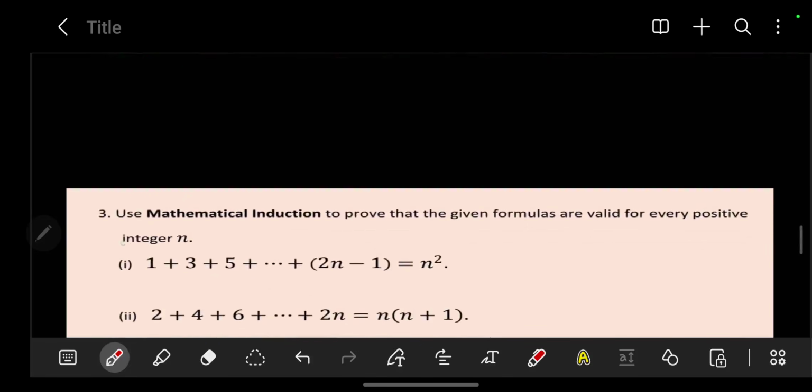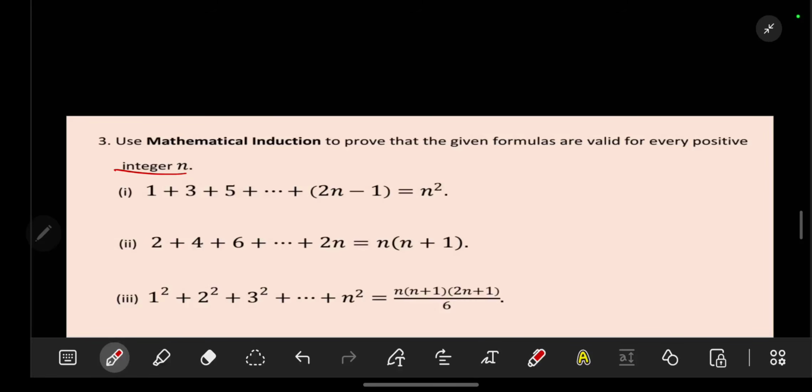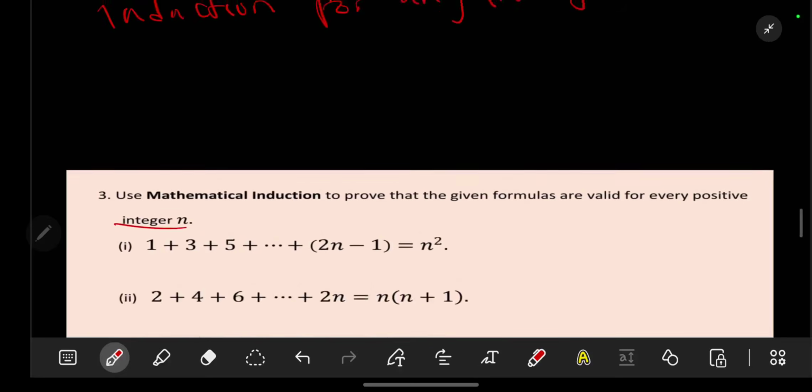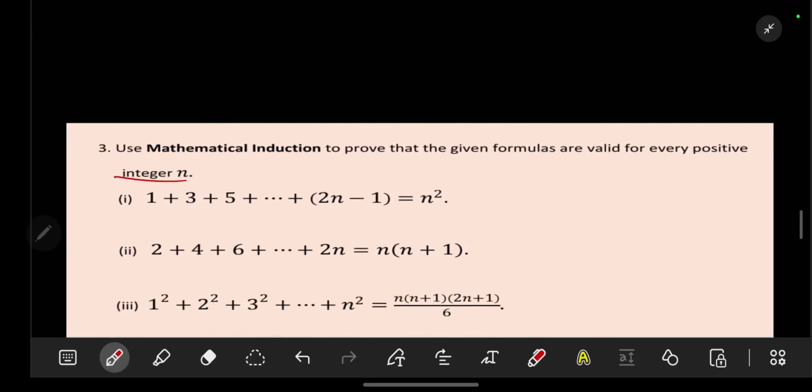So this integer n has been mentioned in the question. So basically this is how we are going to be answering mathematical induction questions in this form.